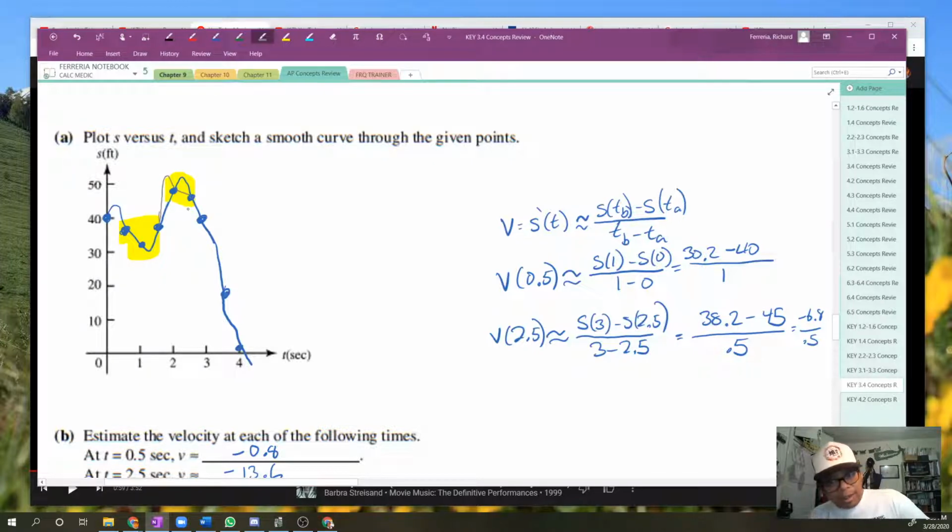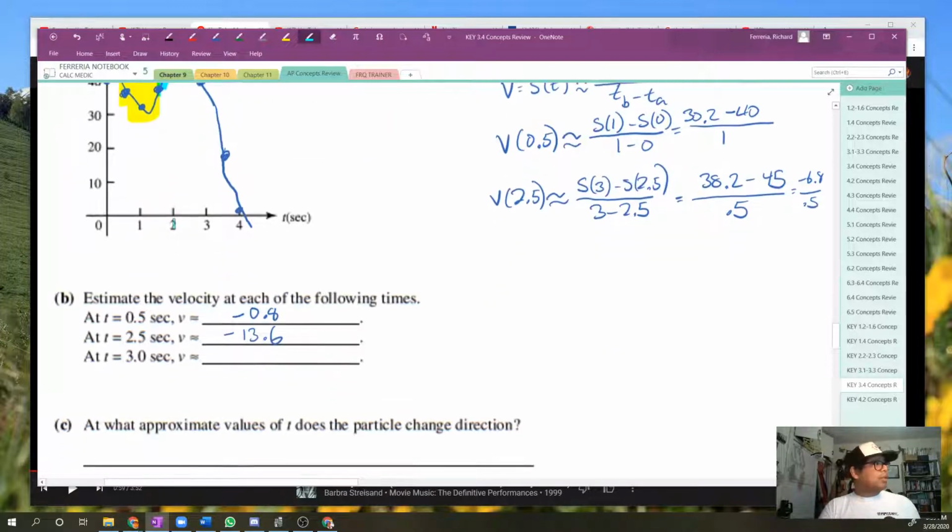That's equally valid too. So we actually have to say that there is a maximum somewhere between 2.5 and 3.5.